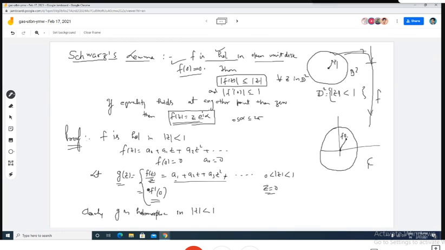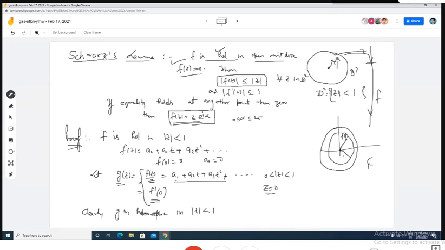Now suppose r is a real number which is just less than 1. I'm talking about this circle which is centered at origin and has radius r. So it should be in the domain, not in the range.